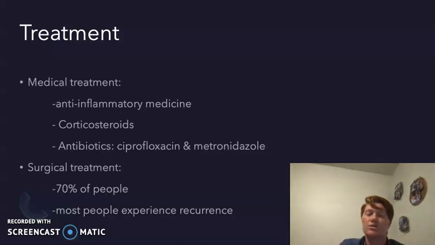It's only short-term because there are a lot of side effects, such as infection or mood swings, bone loss, or cataracts, so it's not good to use for a long period of time. And then some antibiotics. There's also a surgical treatment. 70% of people undergo this treatment, however, more than half of them experience recurrence.